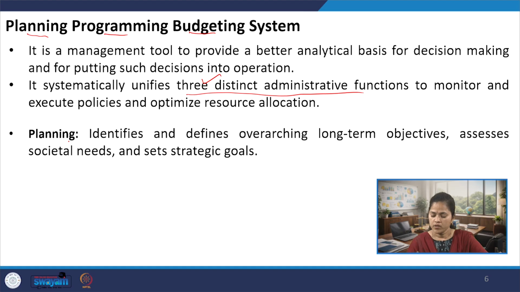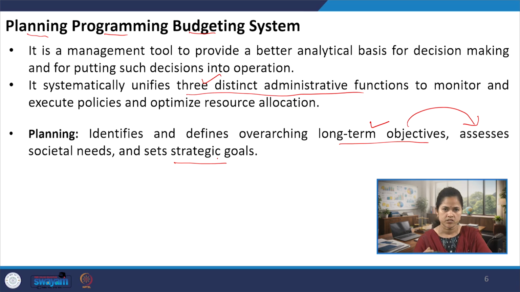Once this is done, then in this planning stage there is a need to assess what exactly is the demand or the need of the society, and how the needs of the society are reflected in terms of the objectives of that particular policy or plan. And the third one is that for achieving these long term objectives, which are based on the societal needs or demand, there should be a set of strategic actions or strategic goals. So, all these three things fall under planning.